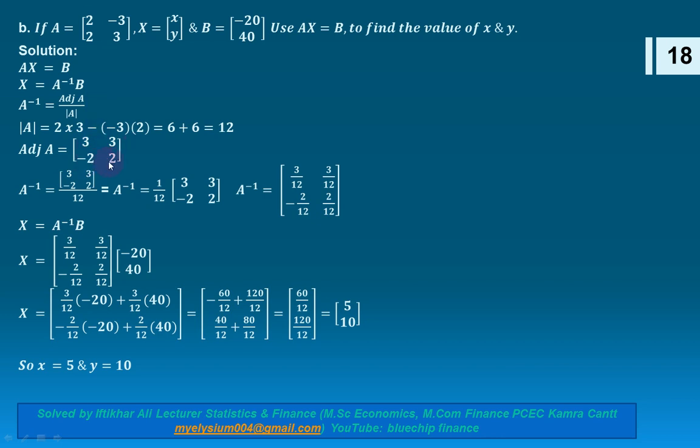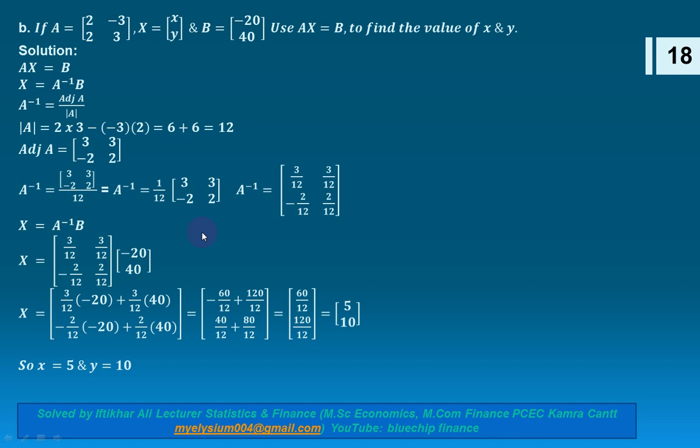Determinant is simply the cross multiplication of these two, 2 multiplied by 3 minus 3 multiplied by 2. That will be equal to 12. And when we divide all these items by 12, it will become 3 by 12, 3 by 12, minus 2 by 12 and 2 by 12, and it will be equal to A inverse.